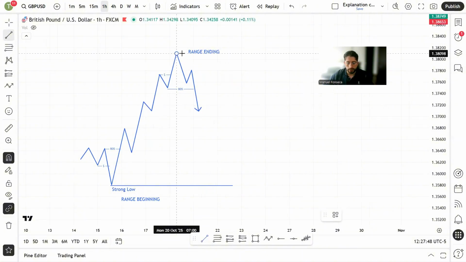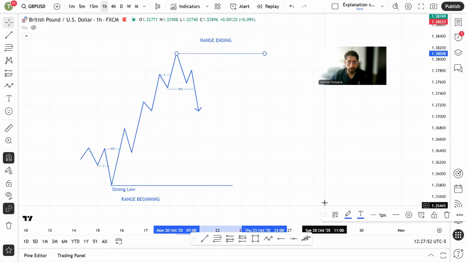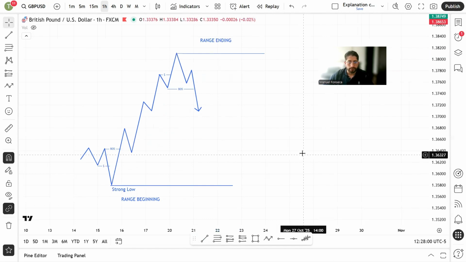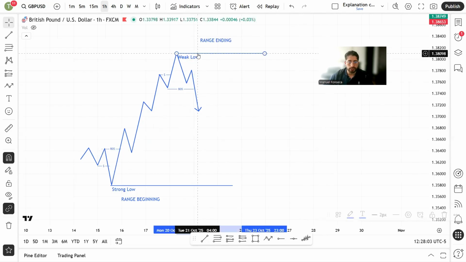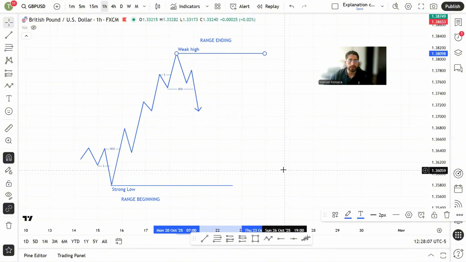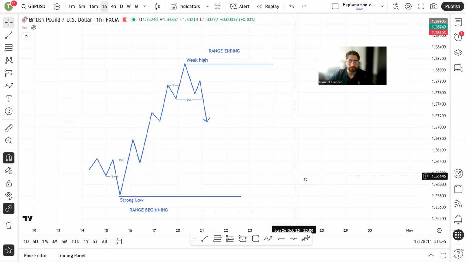And why do we need to identify a correct range? It's because with this, we'll be able to work and find possible setups, okay? That's it. And this high that is here becomes our weak high, which means that the price is likely to break it because we're in a bullish trend, right?